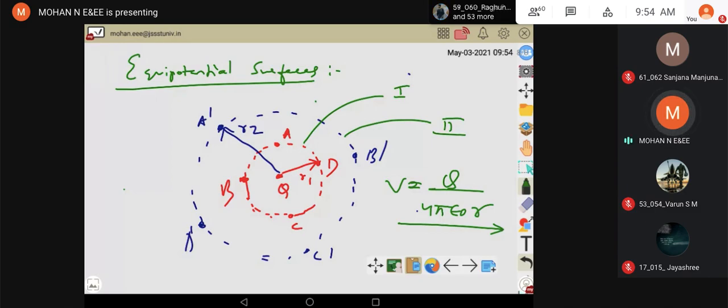Okay, so this is another very important concept. If it is clear for you, you can type 0 on the chat box. I will move further.